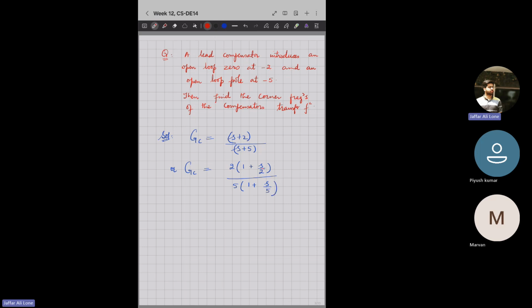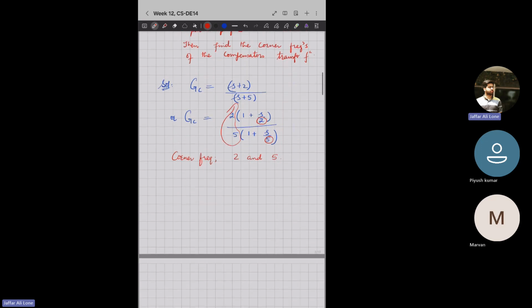Whatever is down with the S, this is your corner frequency. So the corner frequencies are 2 and 5. Okay, so this is the gain here. The terms with the S, you know that very well because we have done this in detail.